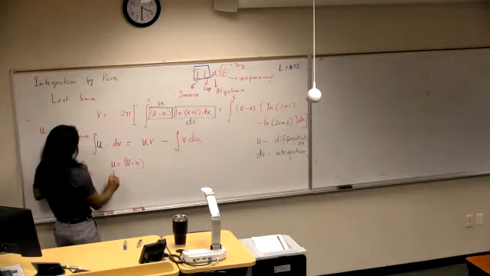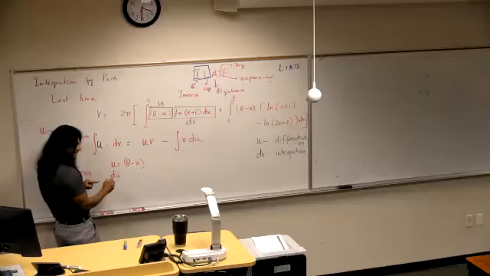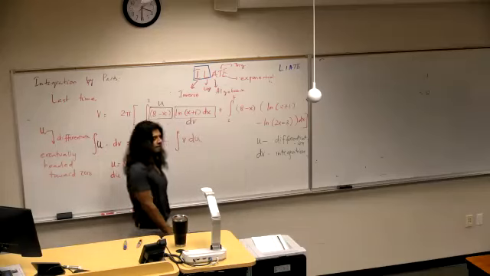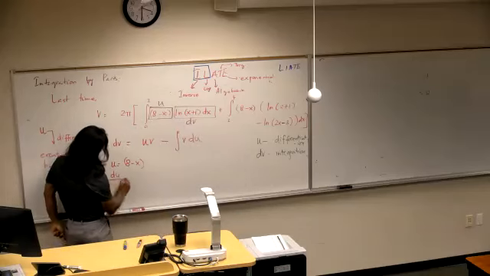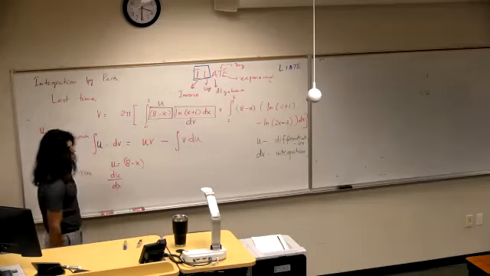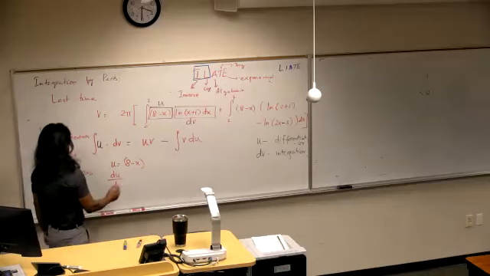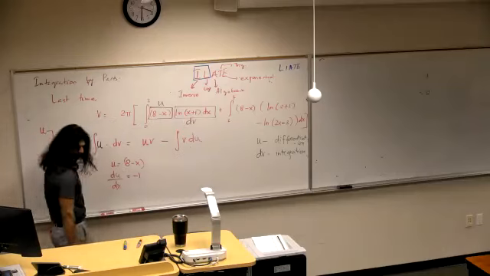Good. You are going to take the derivative of u with respect to x because u has to go through differentiation. So du over dx. We know the derivative, it is -1.